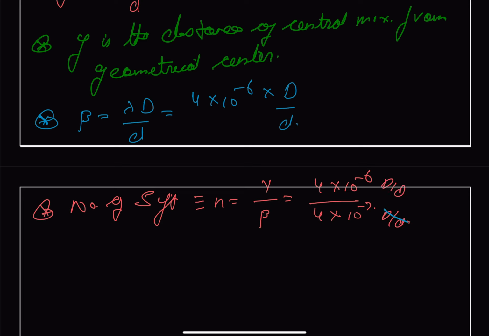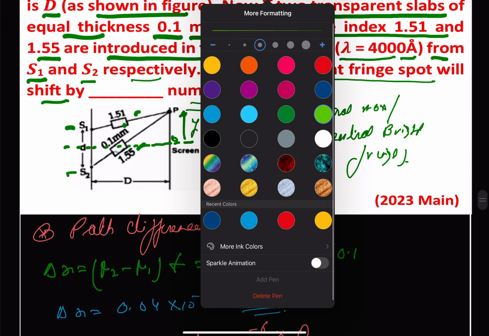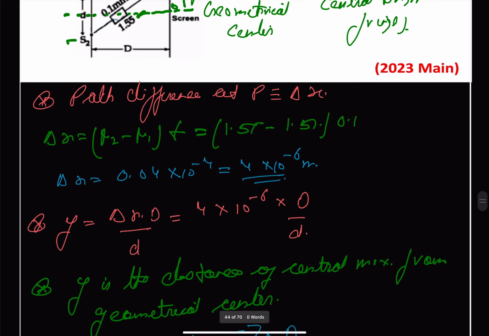So these two terms cancel, 4 and 4 go away, so we get the value of n equal to 10. So n is equal to 10. Next question.